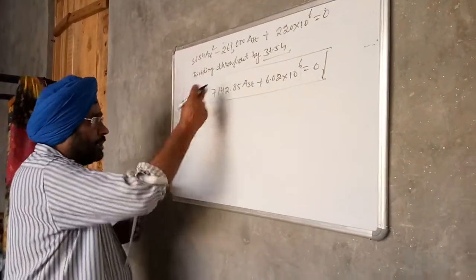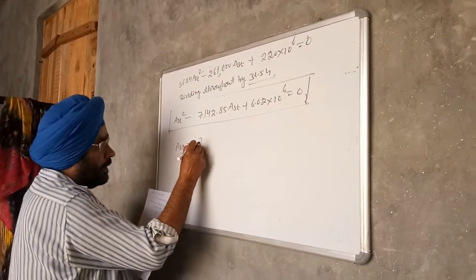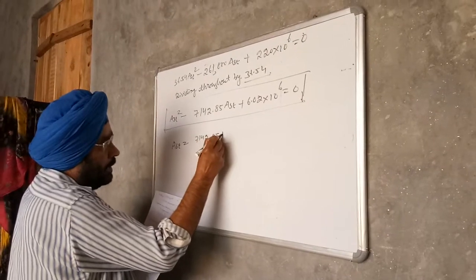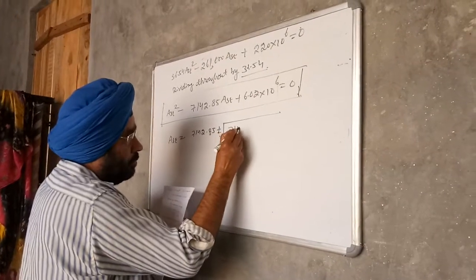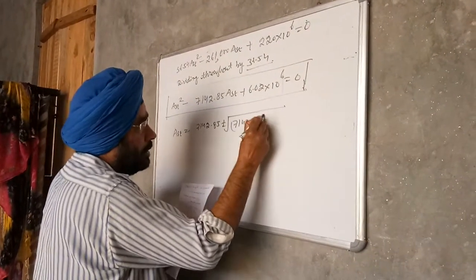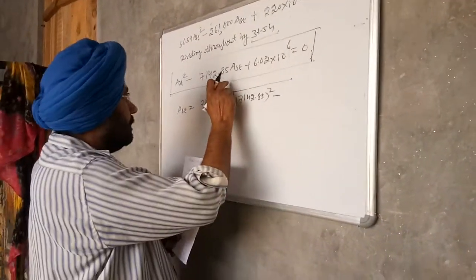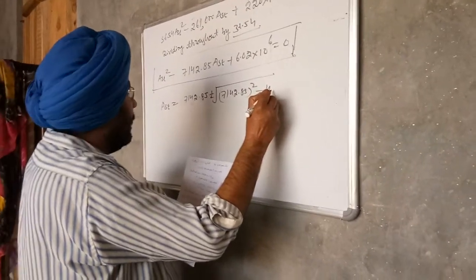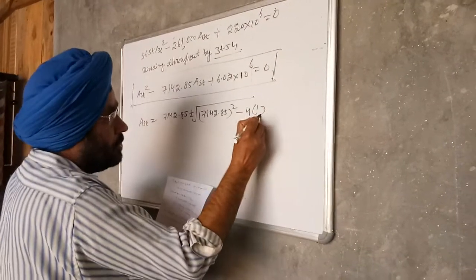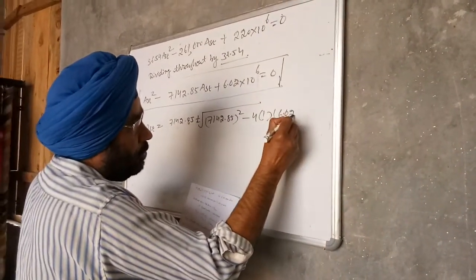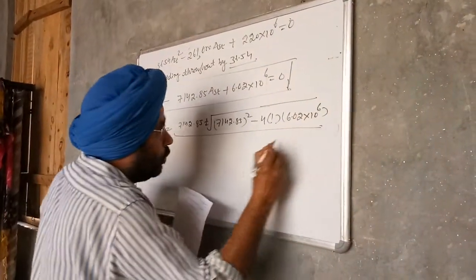By comparing, minus b is 7142.85, plus minus root of 7142.85 square minus 4AC, where A is 1 and C is 6.02 into 10 raised to the power 6, upon 2A.